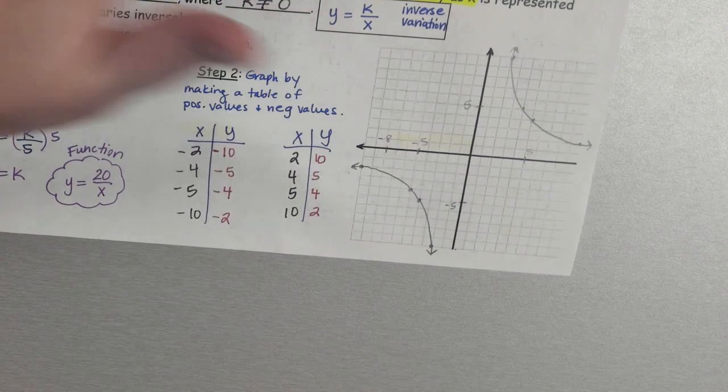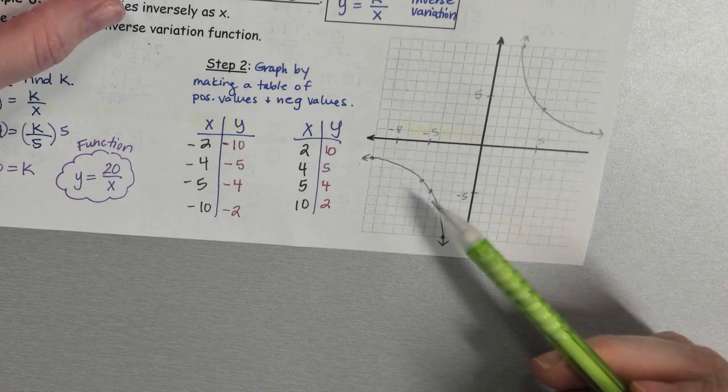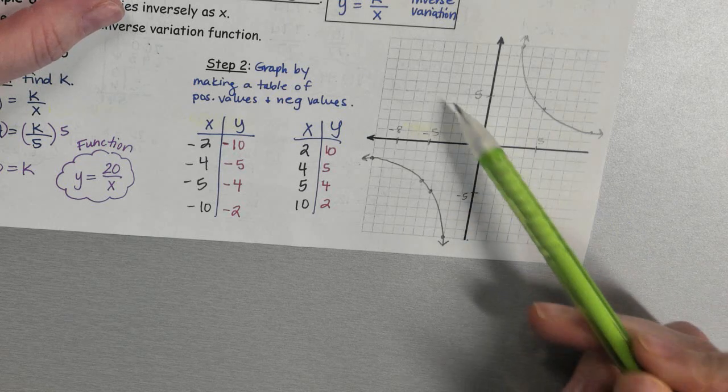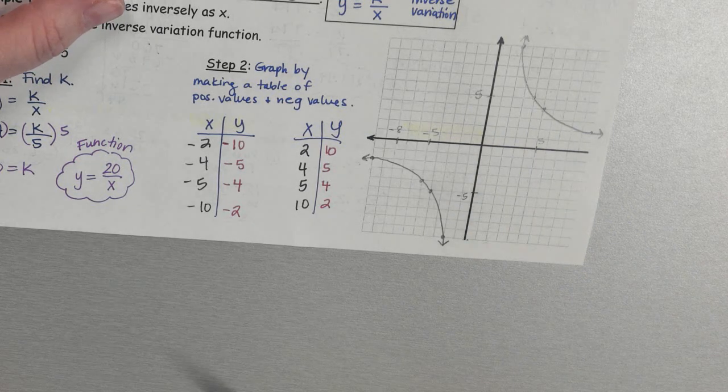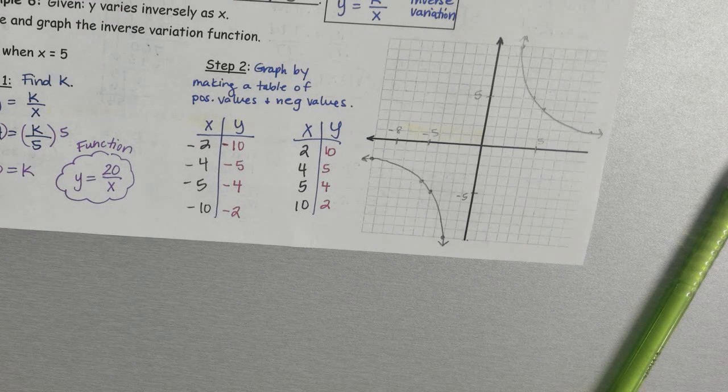And if you do this correctly, your branches should always be in opposite quadrants. So 1 and 3 or 2 and 4. You guys remember the quadrants? No, probably. Yep. It's been a while since you heard that term. Okay? Good. How do your hyperbolas look?